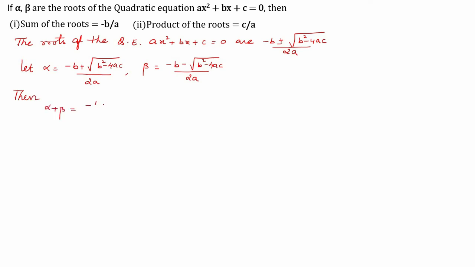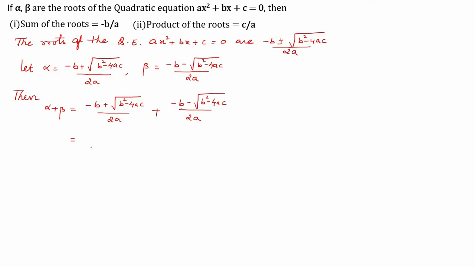So alpha is minus b plus under root of b square minus 4ac by 2a, plus beta is minus b minus under root of b square minus 4ac whole divided by 2a. So we have two terms here, alpha and beta, and we are adding both.